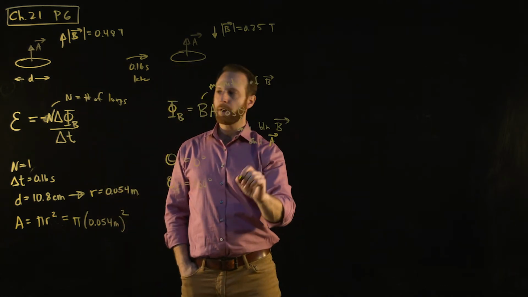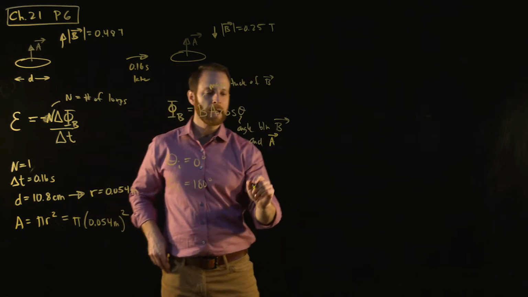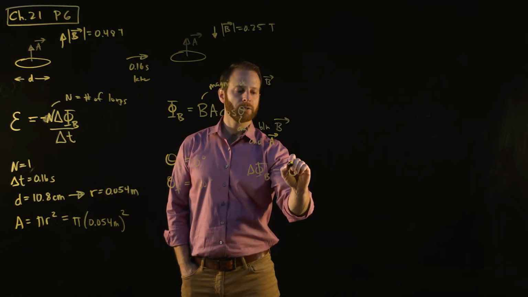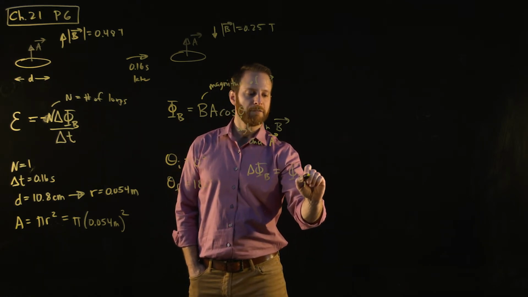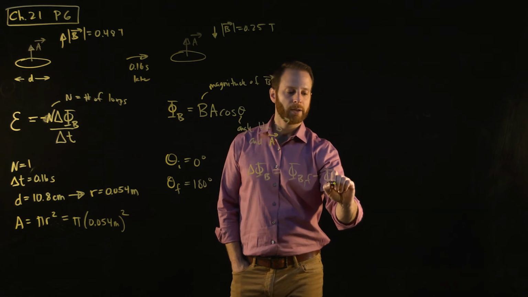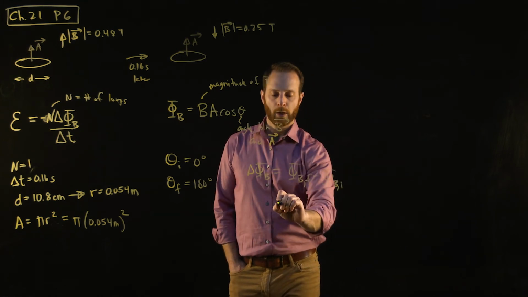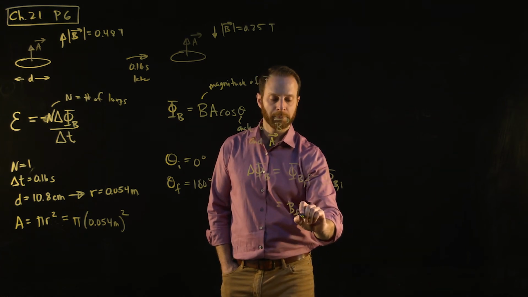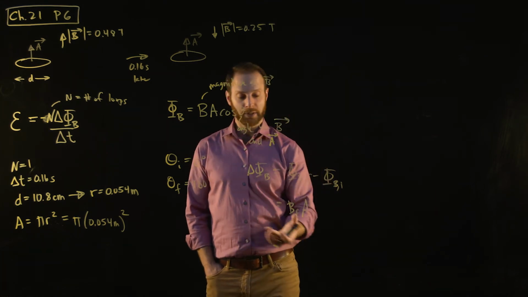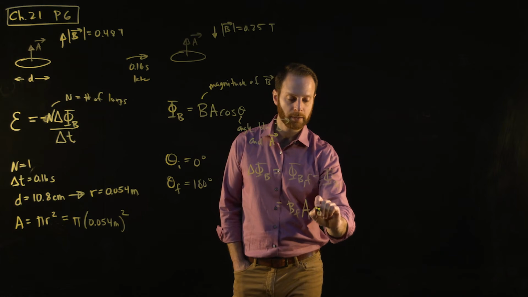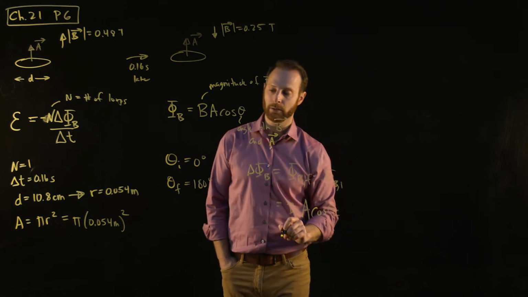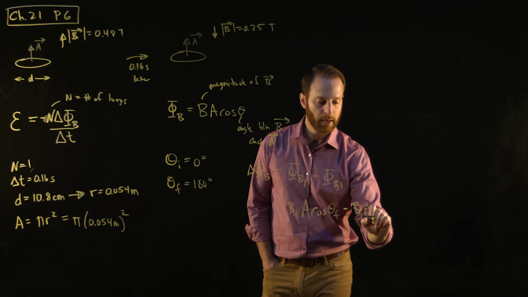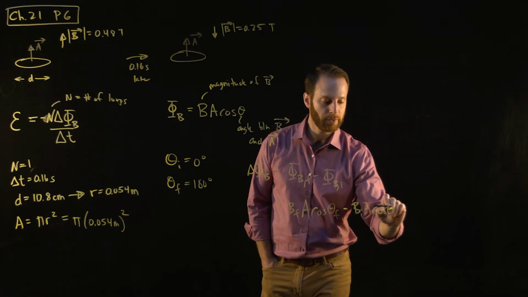So now what we're ready to do is determine the change in the magnetic flux, delta phi B. That's, of course, phi B final minus phi B initial, which involves the final magnetic field strength, the final area, which is the same as the initial area, and cosine of the final angle. That's the 180 degrees, and minus the initial field and the area, and cosine of the initial.